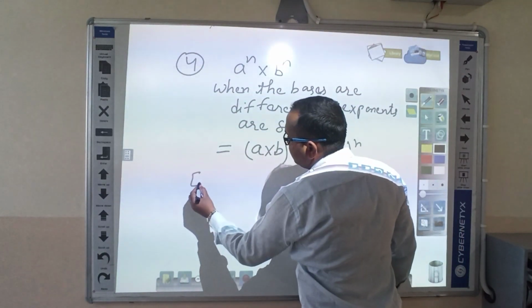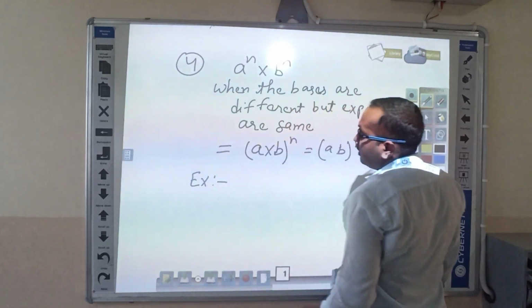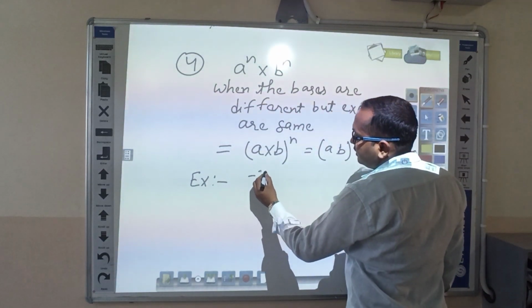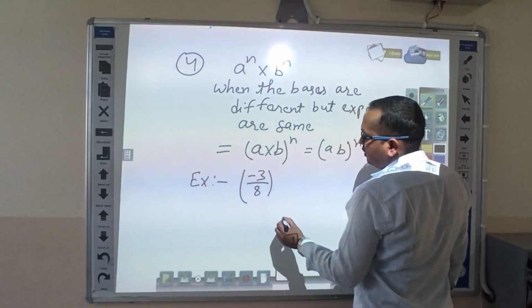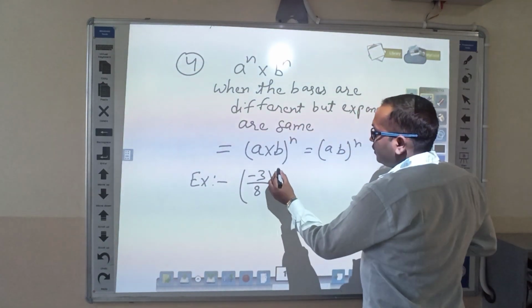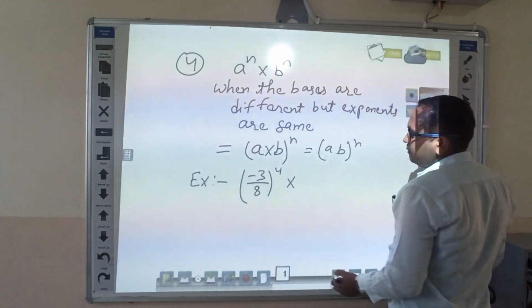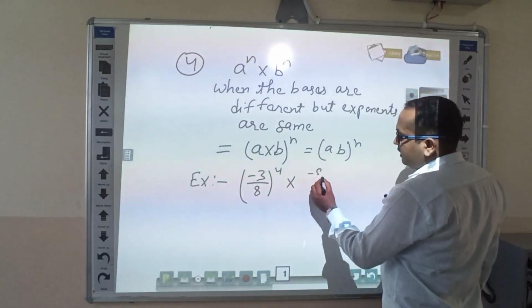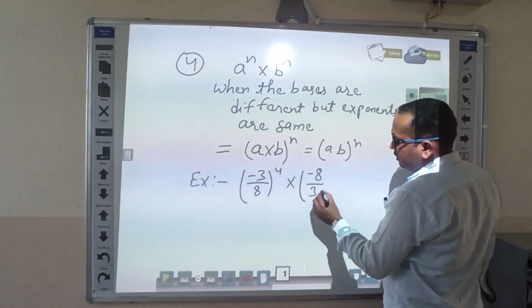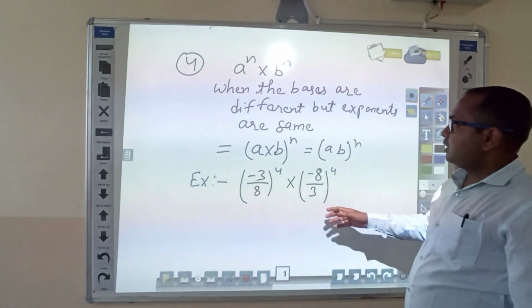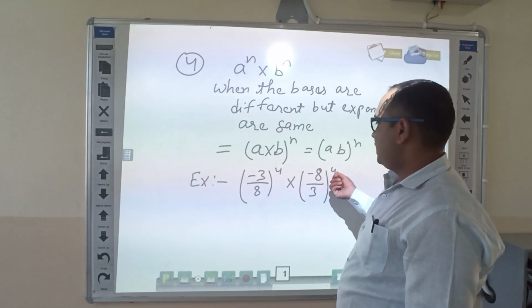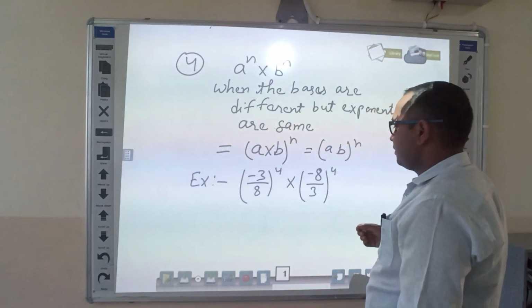So the example of this law is, suppose (-3/8)^4 × (-8/3)^4 is given. Here the bases are different but the exponents are same.